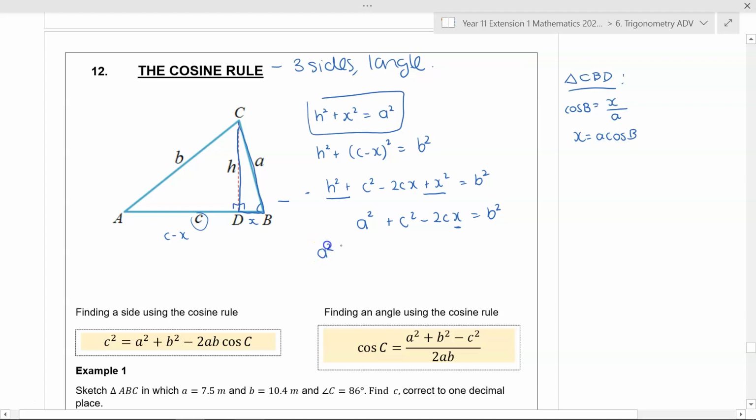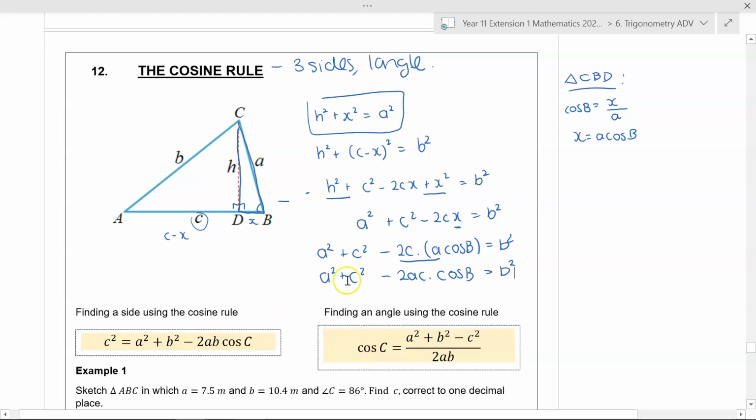So I know that a squared plus c squared minus 2c, x being a cos B, is b squared. So a squared plus c squared minus 2ac cos B equals b squared. And that's actually one version of the cosine rule.